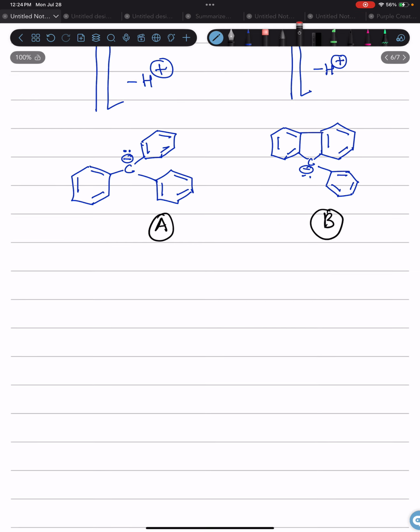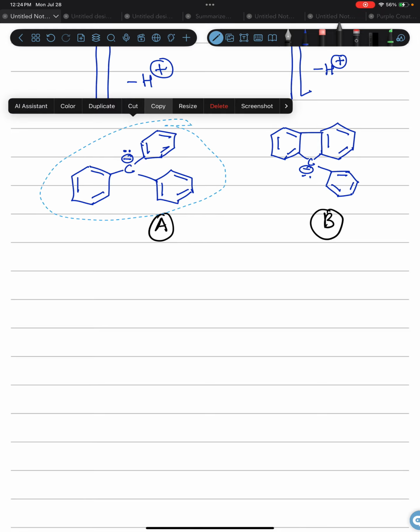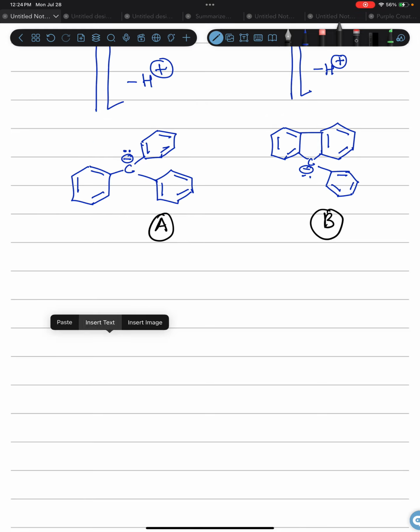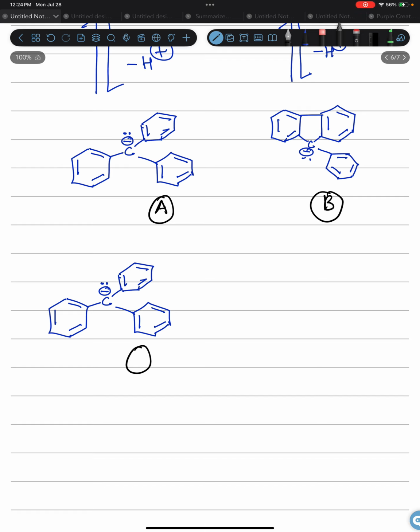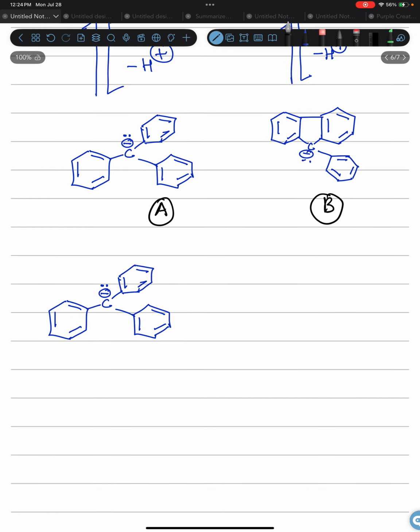But in case of A, there are lots of steric interactions or steric strain in the phenyl rings. If I copy it here, I can tell you that these phenyl rings, these hydrogens, start repelling each other.